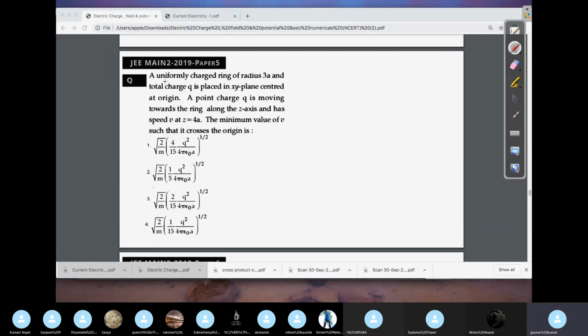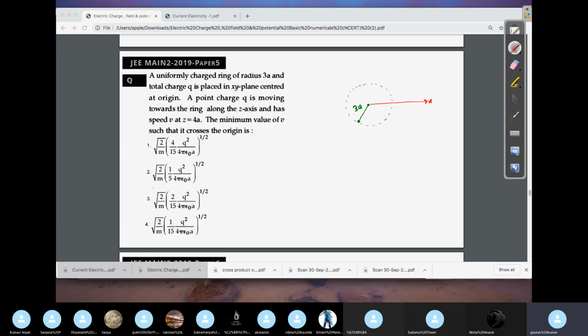See what you have here, a uniformly charged ring of radius 3a. So you have a ring. The radius is given as 3a. It's uniformly charged. It's placed on the xy plane.